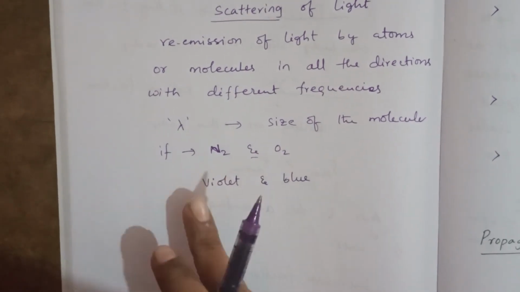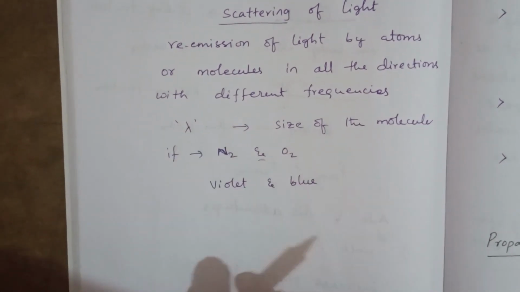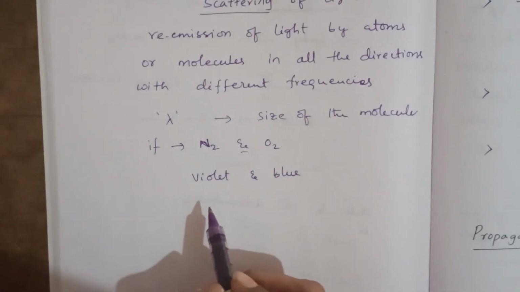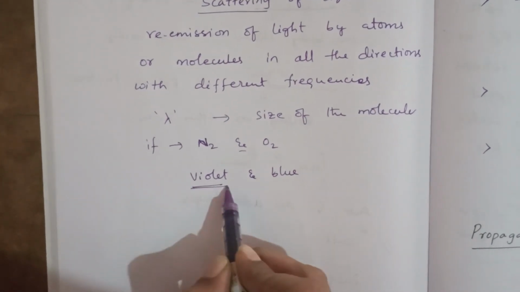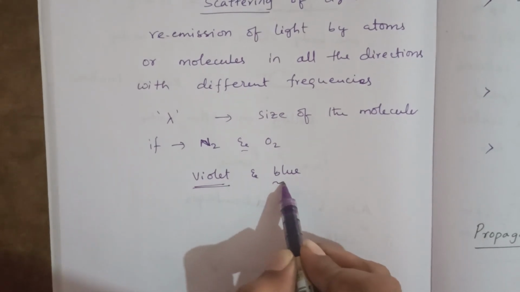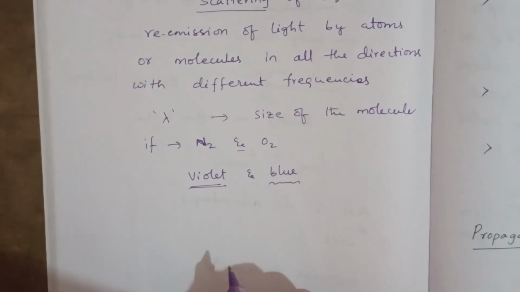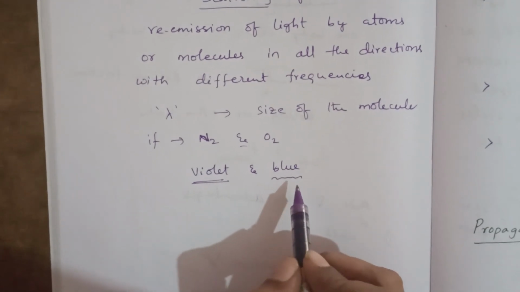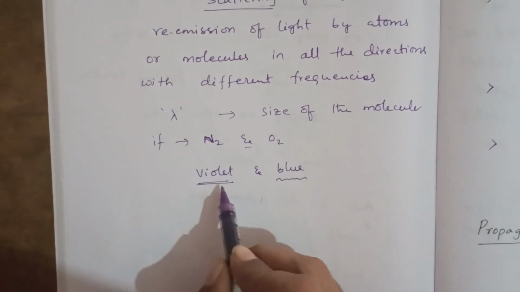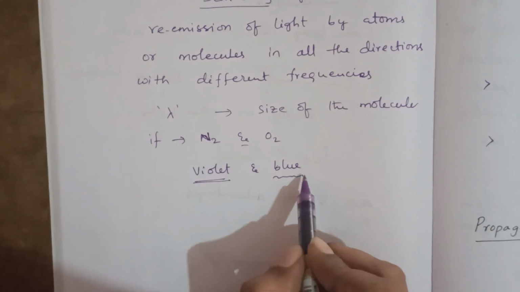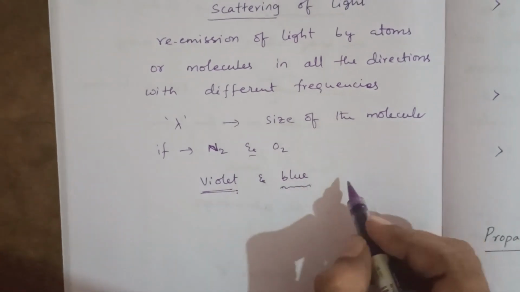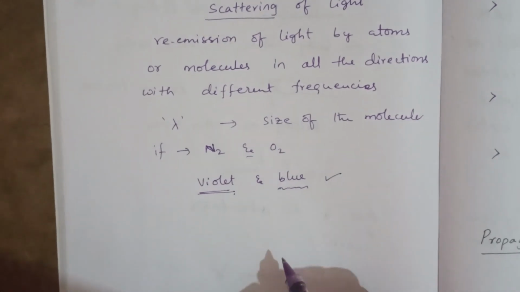So these colors are observed and scattered in all directions with different frequencies. But although violet is also scattered, we are able to see a blue sky. That is because the human eye is more sensitive to blue color than violet, so we see the sky in blue color.